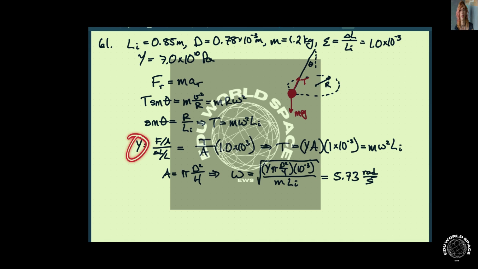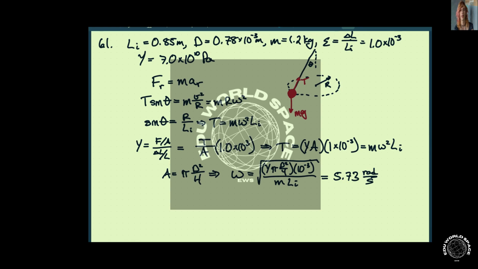Now we know that Young's modulus is the stress divided by the strain. And we were given the strain is 1 times 10 to the minus 3. So the stress is the force in the wire, which is T divided by A. And then I just move this up to the numerator, so we get 10 to the third.